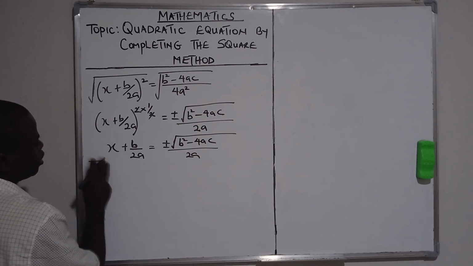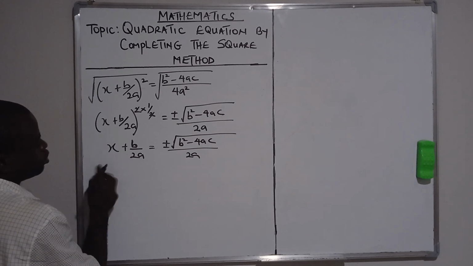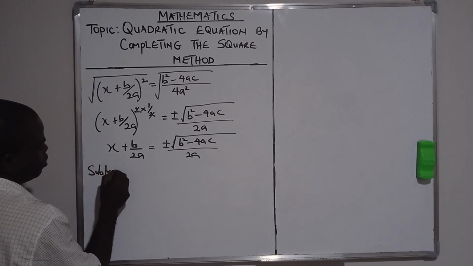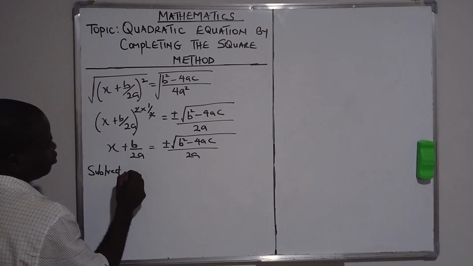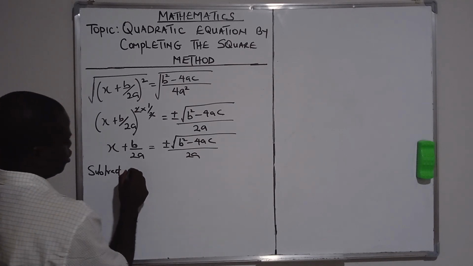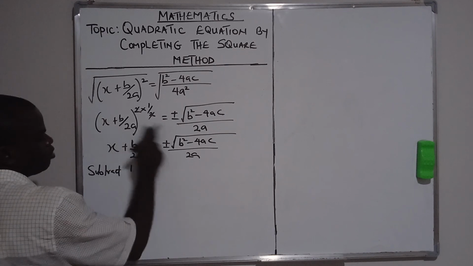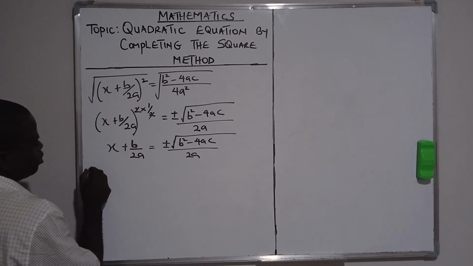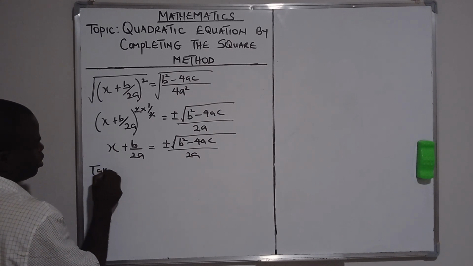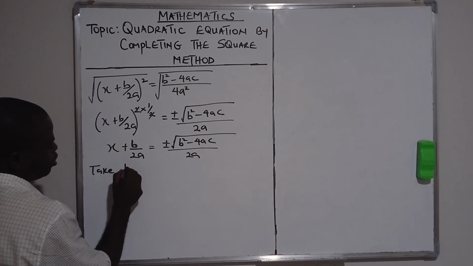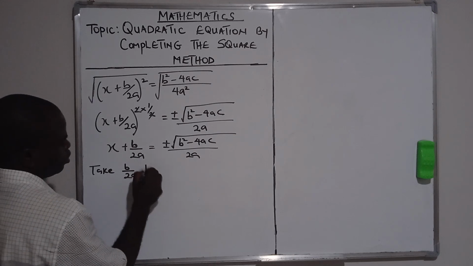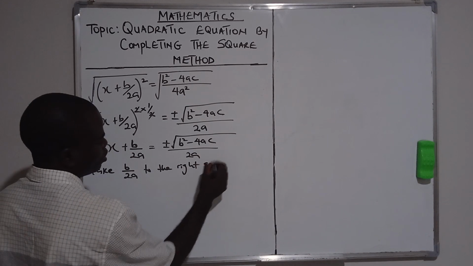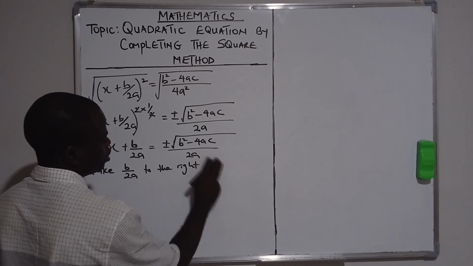You can add or subtract, or you can just take b over 2a to the right hand side.